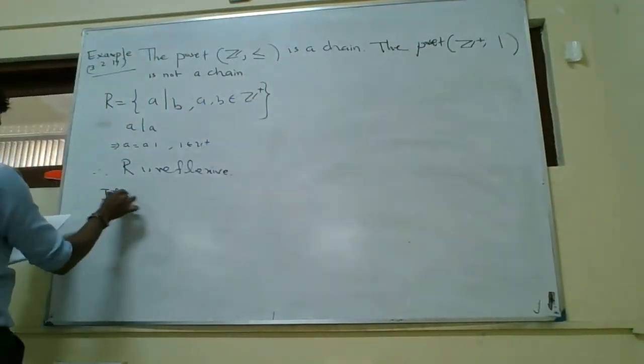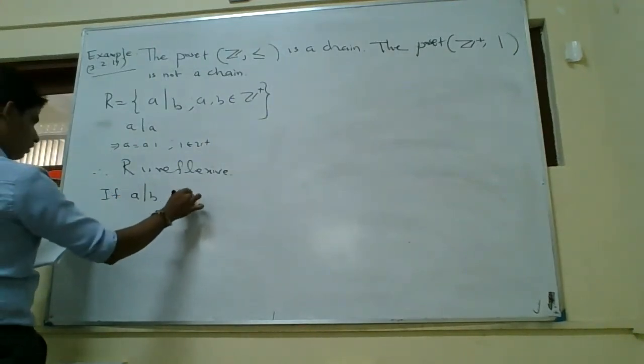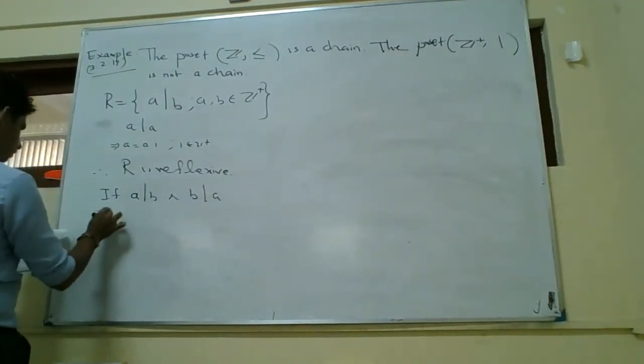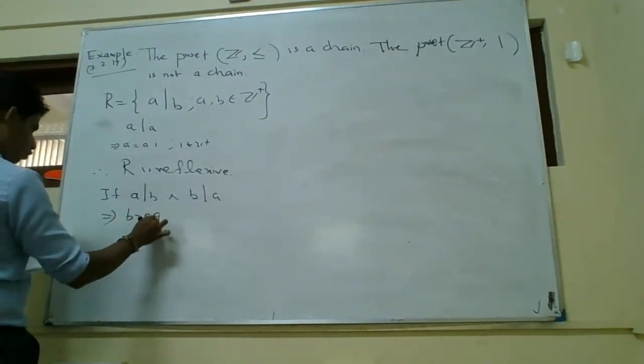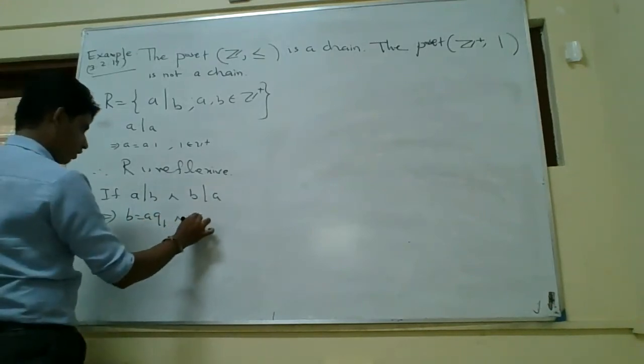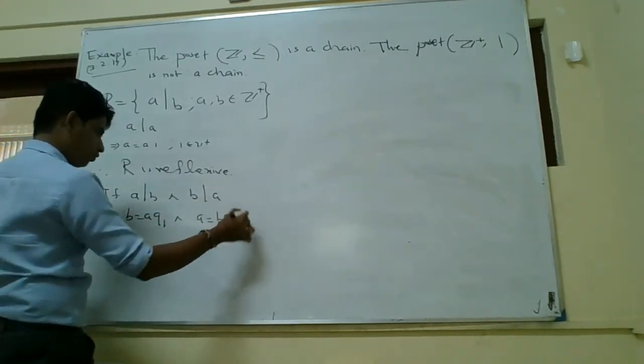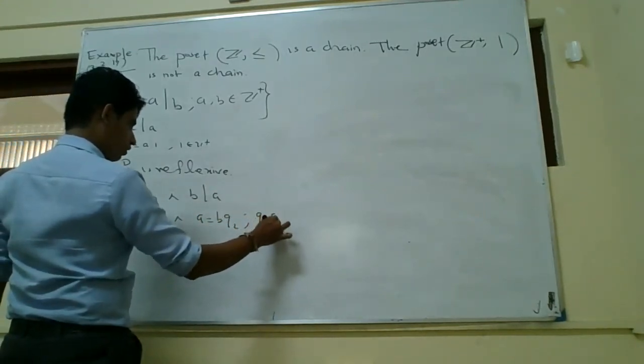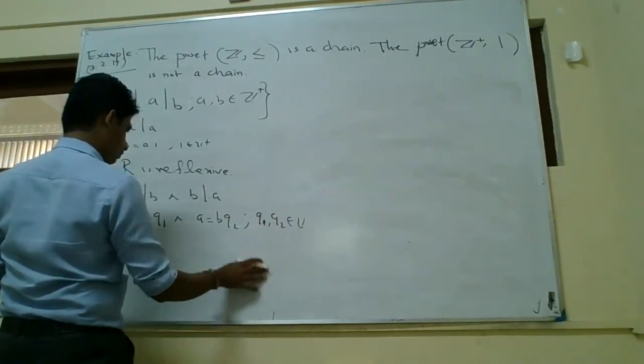If A divides B and B divides A, then you can write B equal to A Q1 and A equal to B Q2, where Q1, Q2 belong to the set of integers.